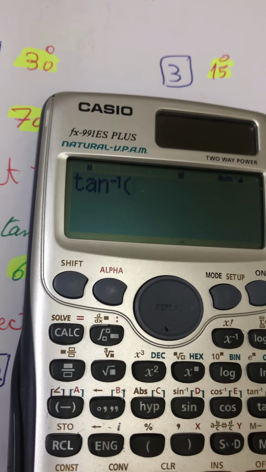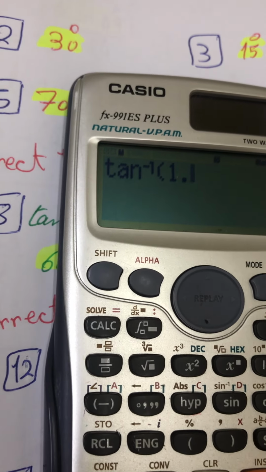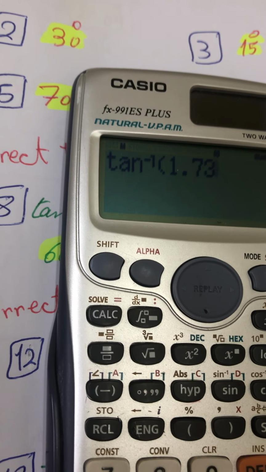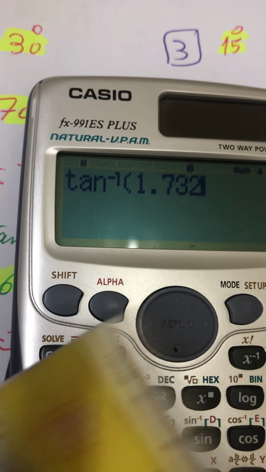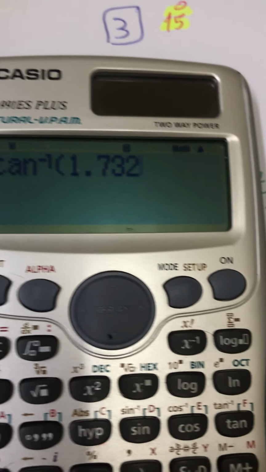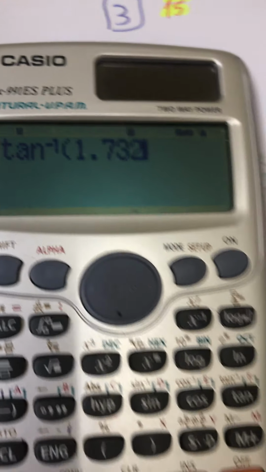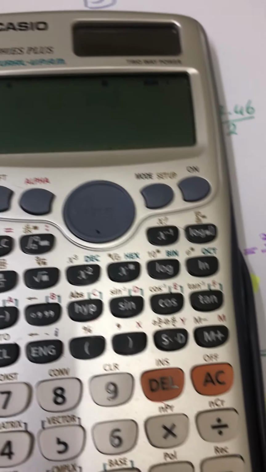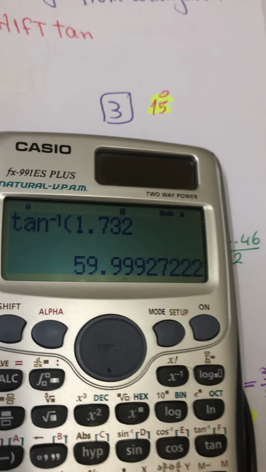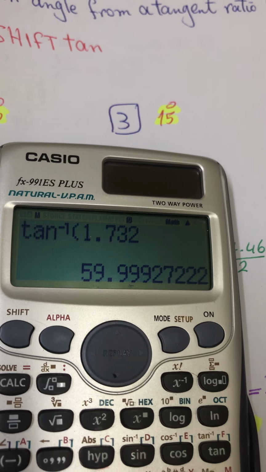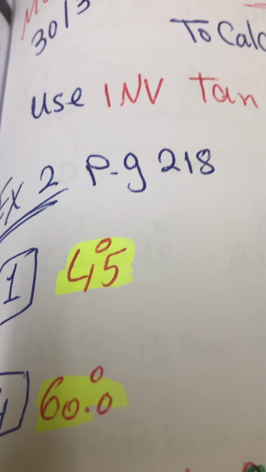And what is the ratio? 1.732. I press shift, then tan, and 1.732. Now press equal. So what is the angle? 59.9. So I consider it 60, like this.